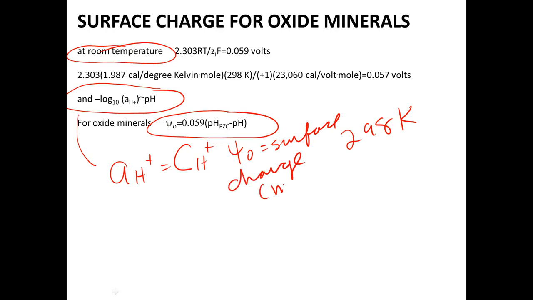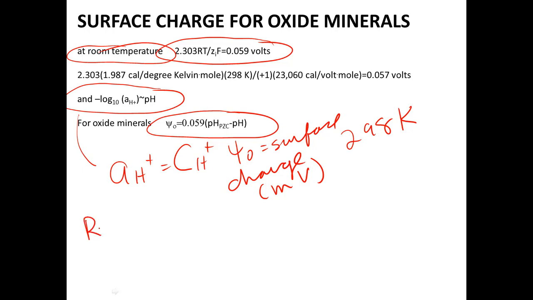Chi naught is in units of millivolts. We come up with this constant 0.59, converting natural log to log. We have to use a factor of 2.303, and R is the natural gas constant, T is temperature, Z sub i is the charge on the ion, in this case hydrogen ion.